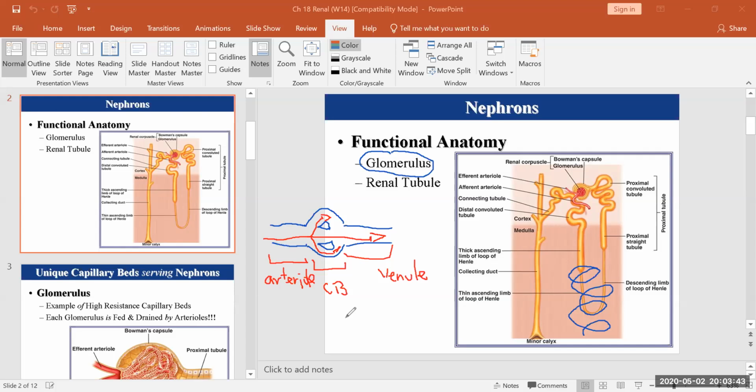So due to the thin wall of the capillary bed, the reason why they have thin wall is for gas exchange and nutrients exchange. So we learn from anatomy, if you need to exchange a gas or a chemical, the best boundary, the best membrane is a thin membrane. And so all capillaries have thin membranes.